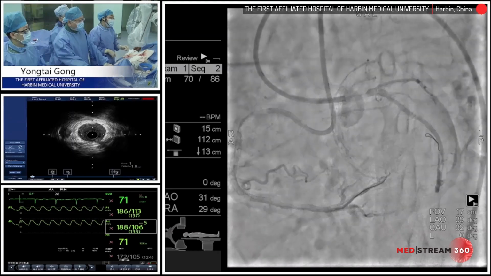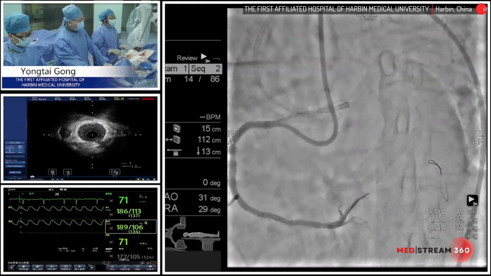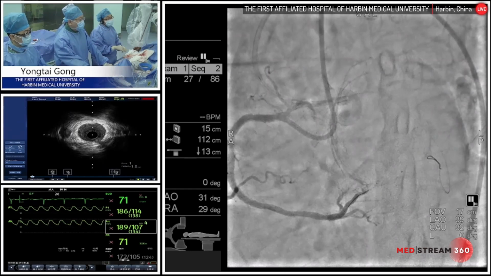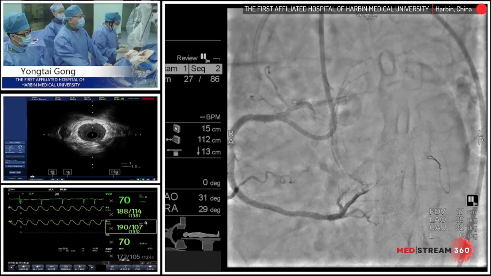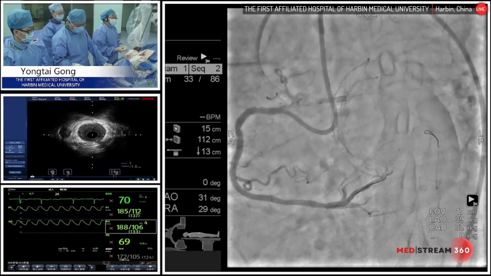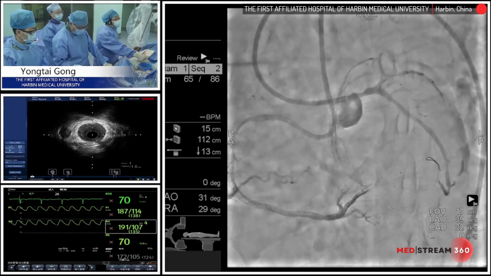And I think the better technique is the reverse CART to recanalize the ostial LAD CTO lesion.